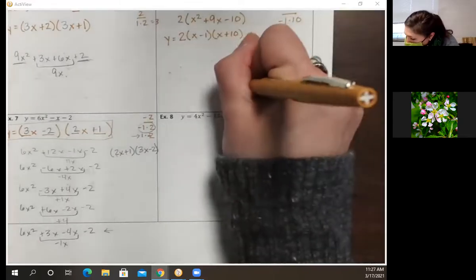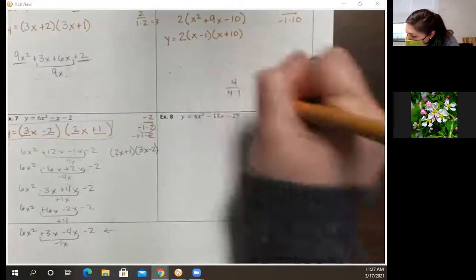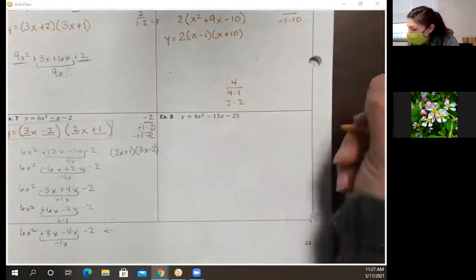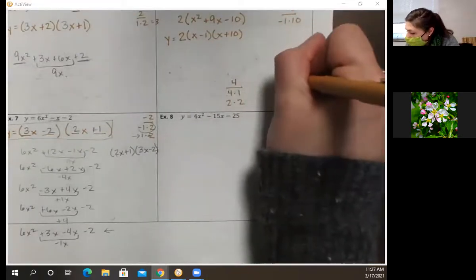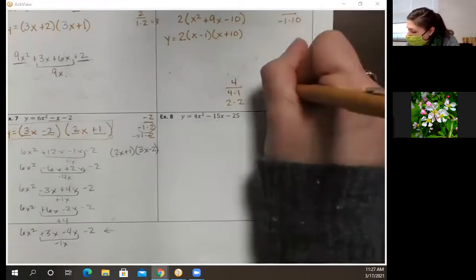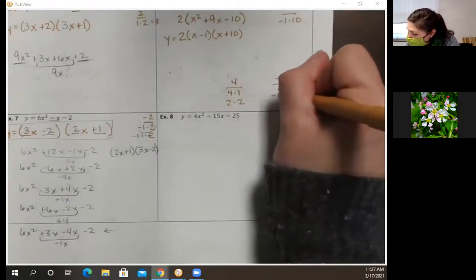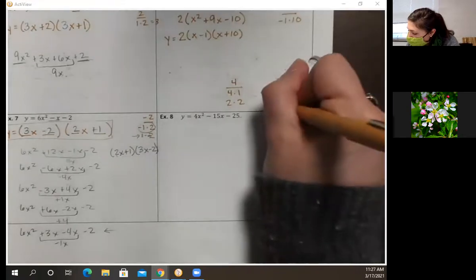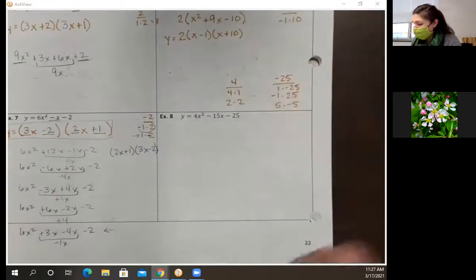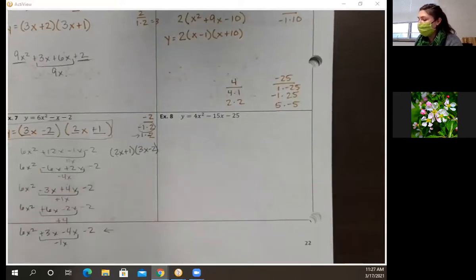So for 4, that could be 4 times 1 or 2 times 2. For negative 25, that could be 1 times negative 25, negative 1 times 25, or 5 times negative 5. That's a lot of options to consider, right? Even more than our last problem.